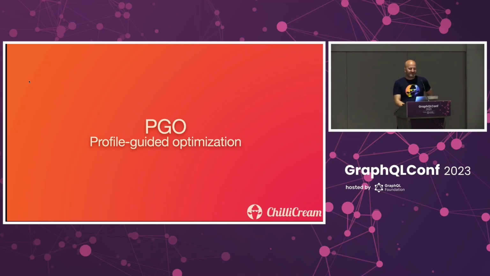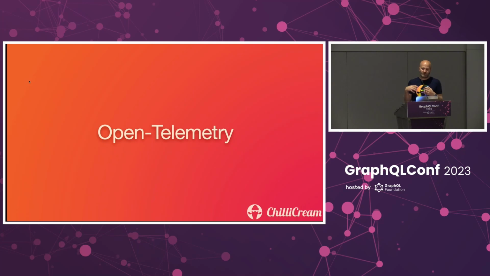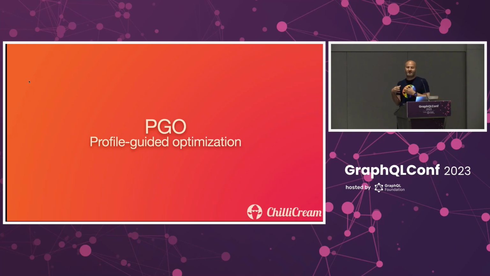And then we take in telemetry, and we're using OpenTelemetry. We are working with the OpenTelemetry community to get a better semantic convention. That's the work that we are doing with Staib, also a gateway company. And we have a draft of that, and we are using that to do these profile-guided optimizations.